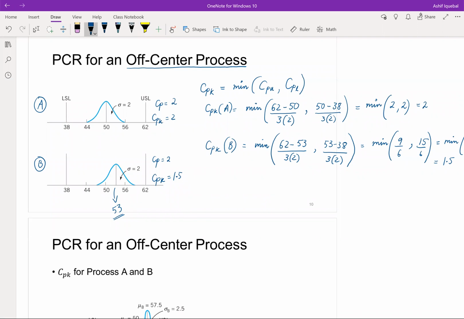So what we conclude from this slide is that if CP equals CPK, this means that the process is centered, okay? On the other hand, if CP is not equal to CPK, this means the process is off-centered.